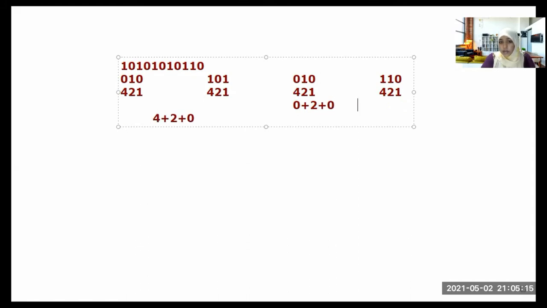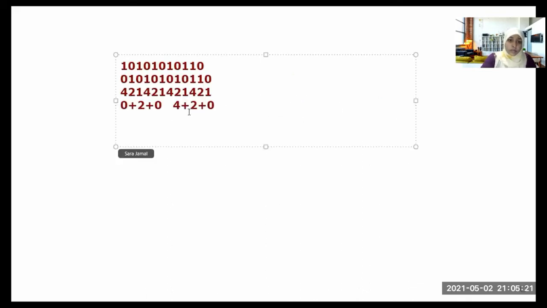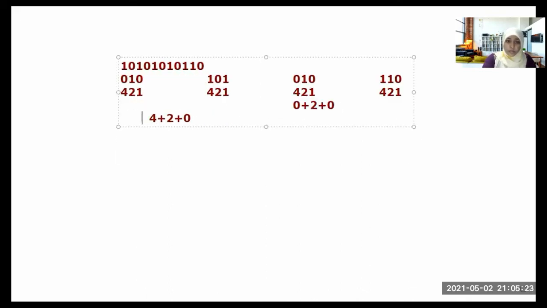Here also the same. 1 into 1, 1, plus 2 into 0, 0, plus 4 into 1, 4.